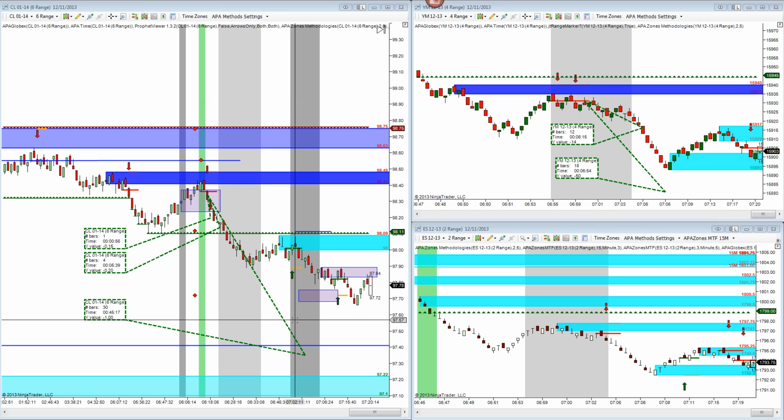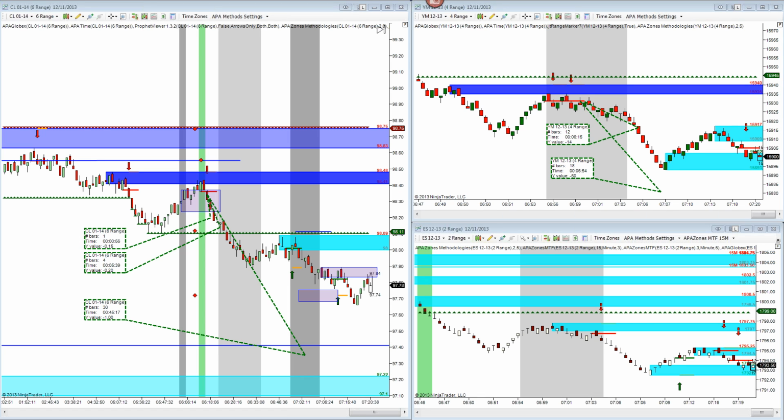I'm locked in at 97.91, keeping it tight going into inventories. I just don't want it to spike and knock me out and then continue the move. Yeah, well, then it gets me. But that's why you only do it with one contract. That's right, that's why you only ever have one contract, or just one lot, going into inventories.